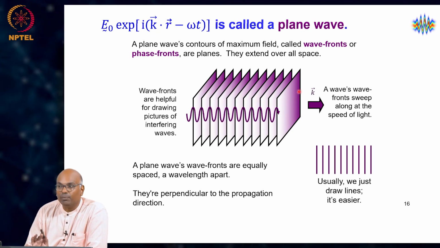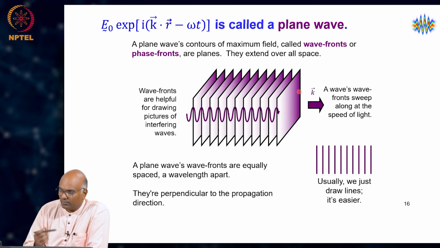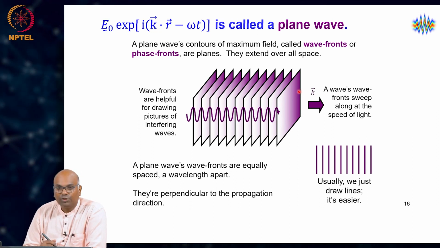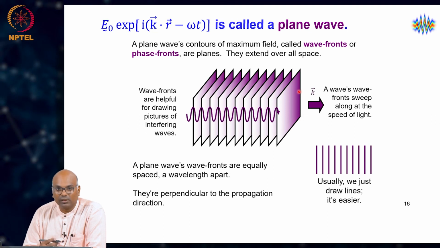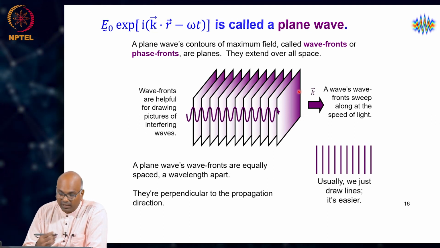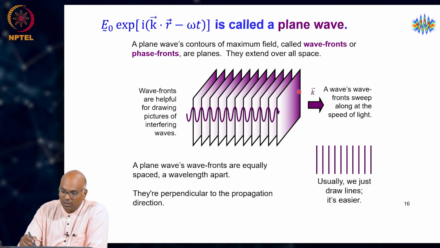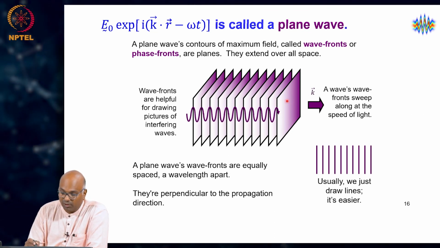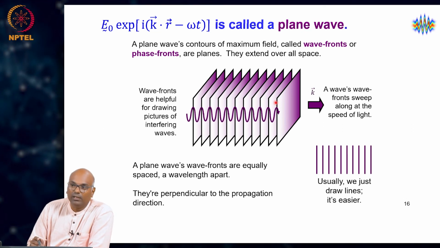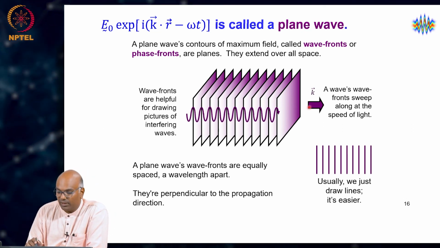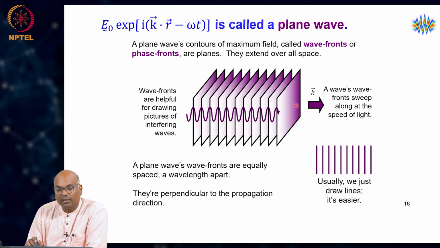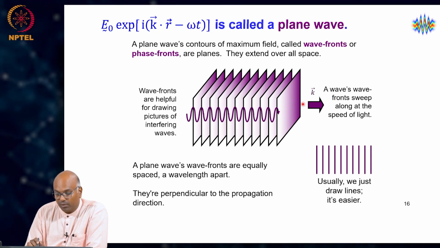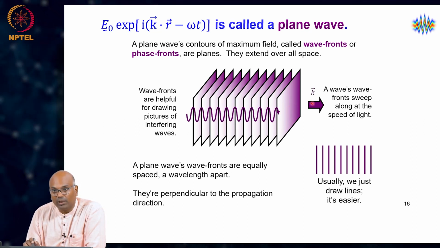I state this without further proof, something that you can check up on. It is not very significantly important for this course, that is why we did not dwell too much on it at the moment. It is for now sufficient to appreciate that this is a plane wave, and the planar quantity, the phase front, is perpendicular to the k vector.